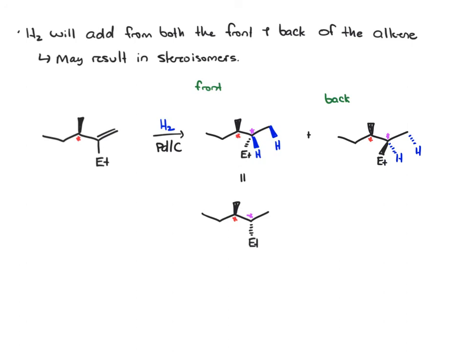Again, let's clean this up and make the hydrogen implied. And we get this product with the 2 chiral centers. These two, because we have one chiral center that stayed the same, one that is inverted, are a pair of diastereomers.